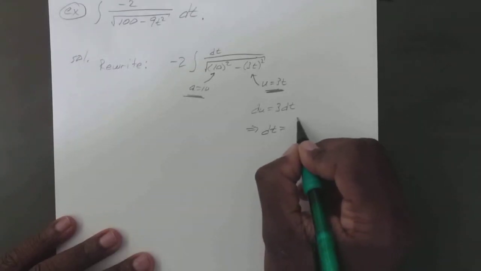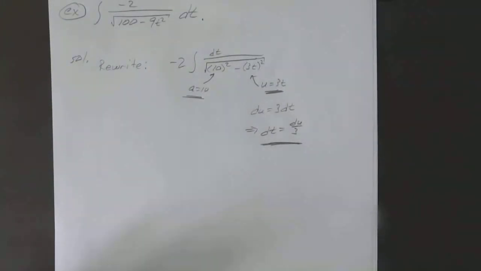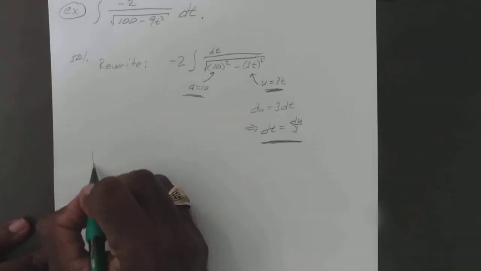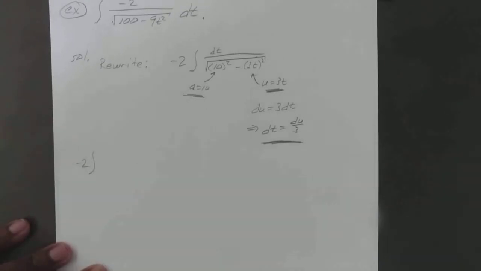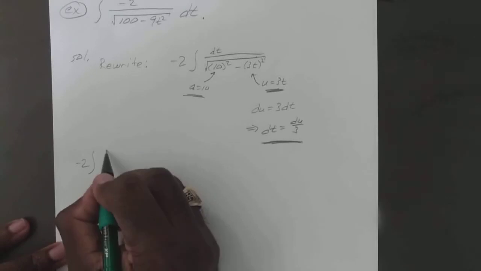Okay, so all we need is our du. Differentiate both sides. du equals 3 dt, which means our dt is equal to du over 3. Okay, so right now we have everything we need.